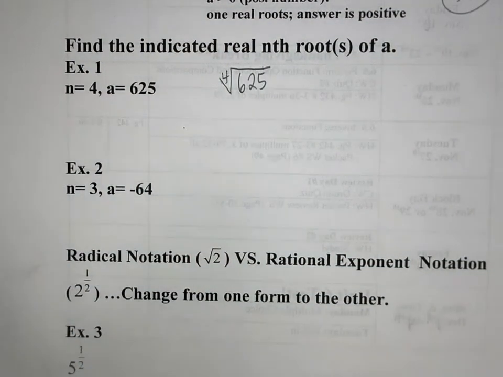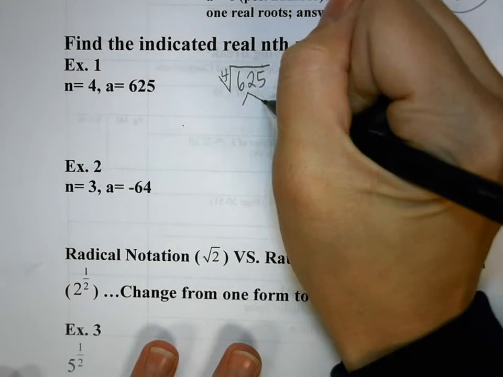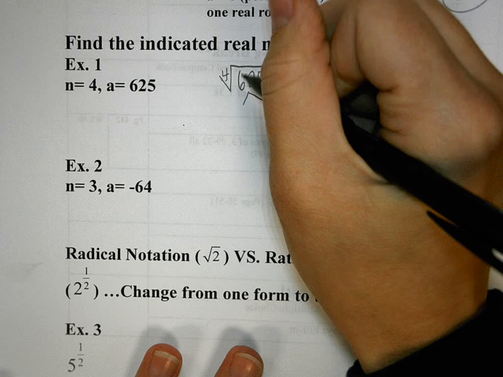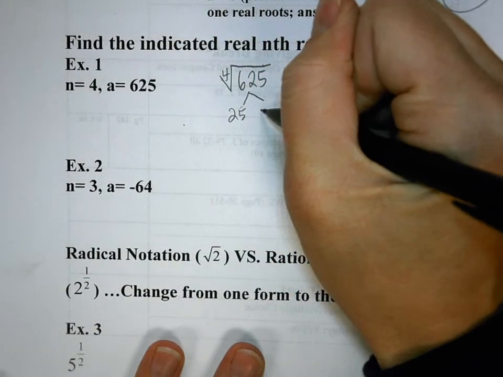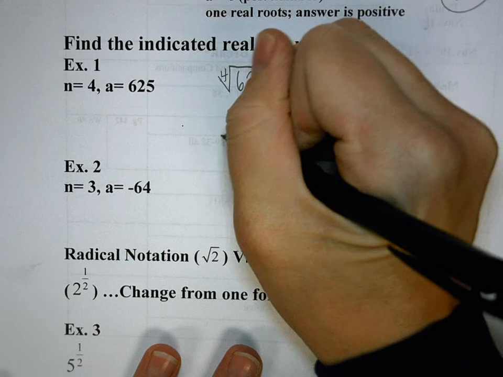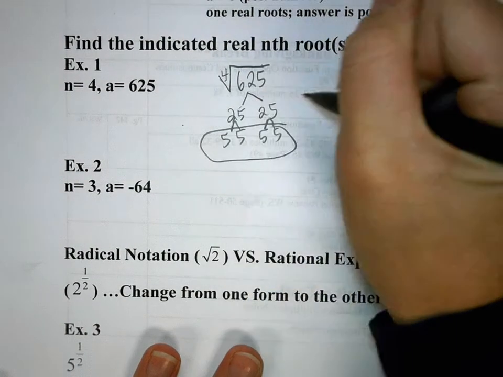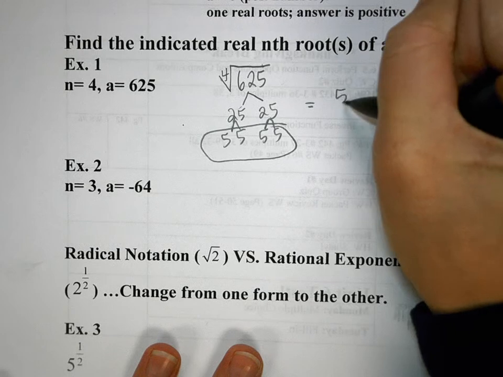Very good. 625, and you guys can use calculators, but 625 is 25 times 25, and then we know that 25 is 5 and 5, so I have exactly 4 of those, so my answer is 5.